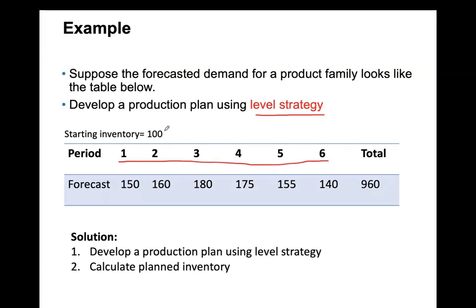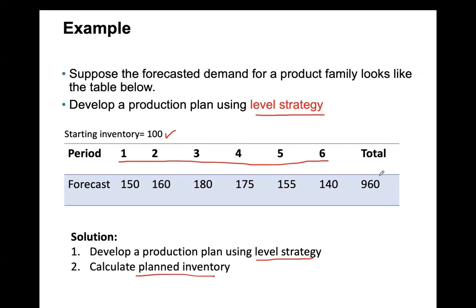And another critical piece of information is this starting inventory. They have 100 units upfront in the beginning, and our job is to make a production plan using level strategy and calculate planned inventory. Now, because it is about level strategy, we have to determine how much quantity needs to be produced every period.